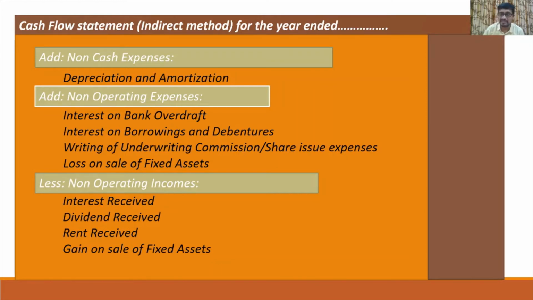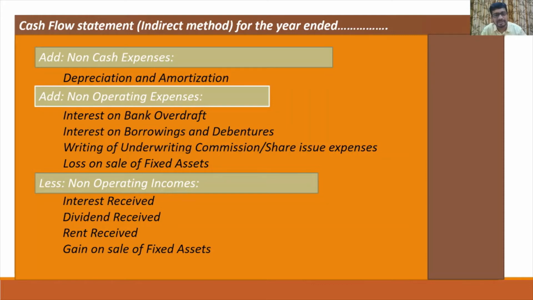Rent received, if it is not regular in nature, then it is non-operating income. If we are not earning from the regular income of the business, the main activity of the business, then rent received is other income. Gain on sale of fixed assets is not regular income. It is not the income of the main activity. That's why it is non-operating income.